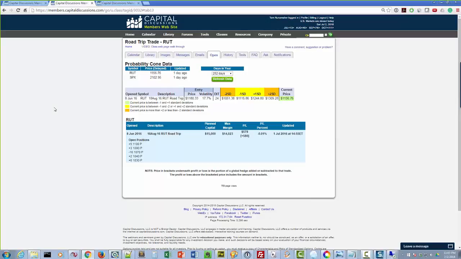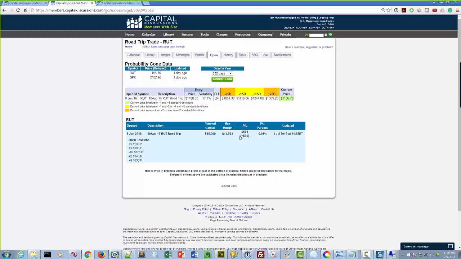One thing I did do, Dan and I had talked about on these global hedges, like the global put that Dan put on recently for RUT and SPX. We needed a way to account for any profit or loss that those made for each individual trade. So what we did is we're allocating the profit or loss from these hedges into each trade like this.